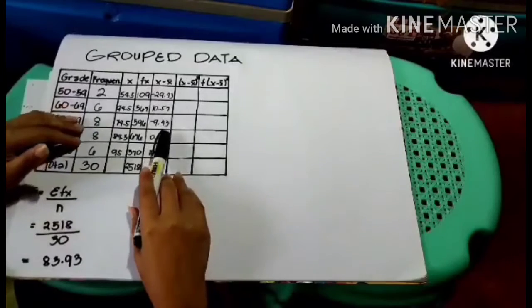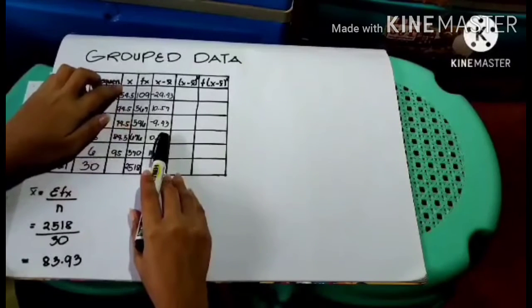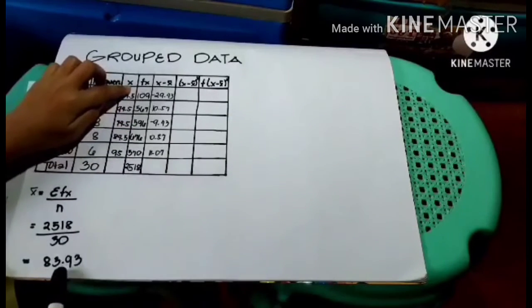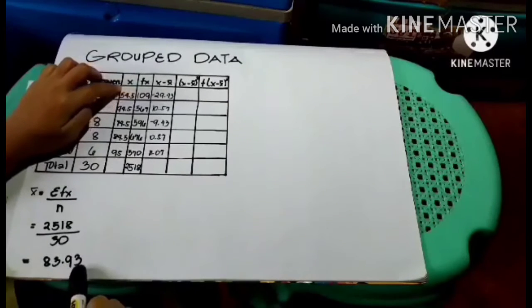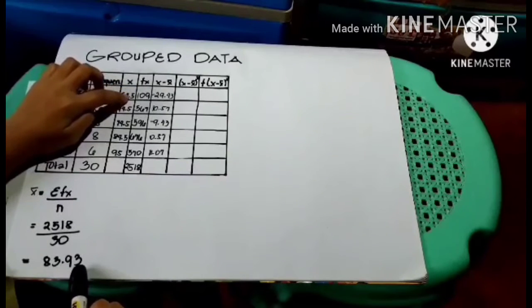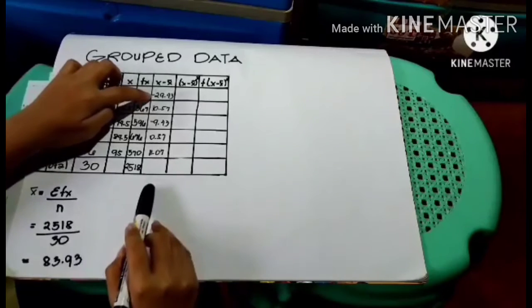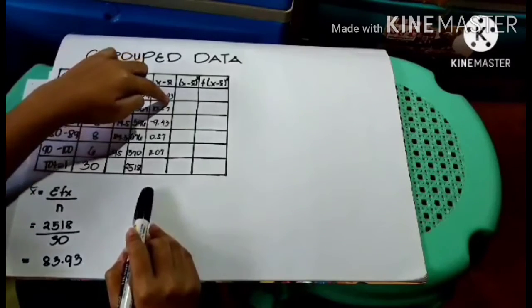Now we will solve the x minus x bar. The first thing to do is subtract the x bar from each x. So 54.5 minus 83.93 is equal to negative 29.43.